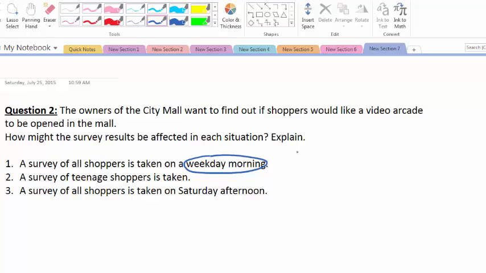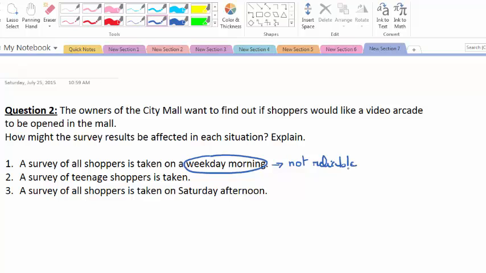So the data collected from this survey would most likely indicate what? That the video arcade should not be opened because they don't care. So again, this one, as you can see, it's not reliable because it's not fair.